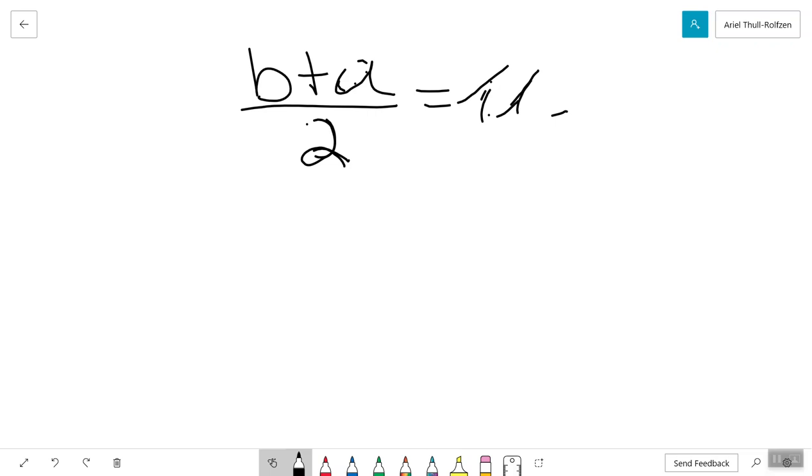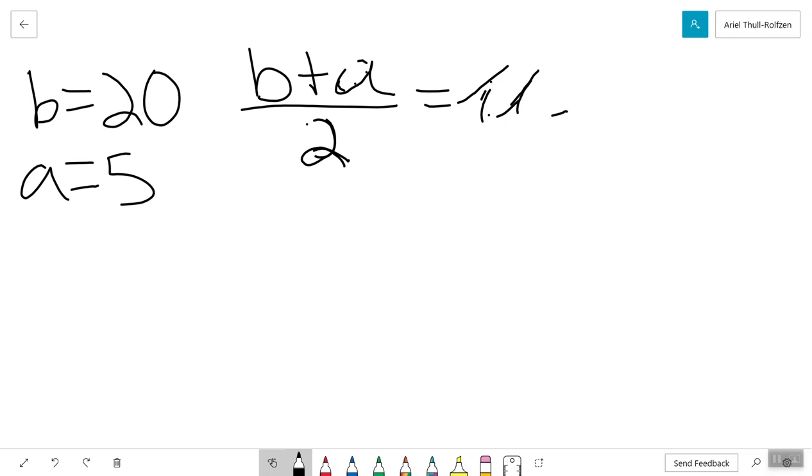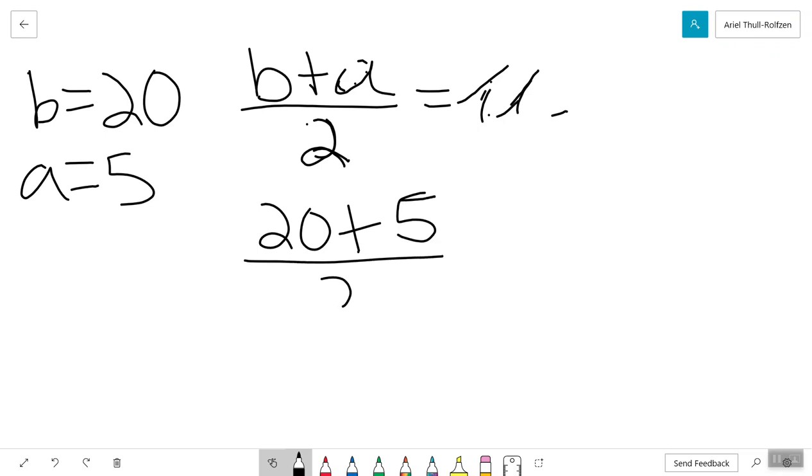And in our first problem that we did, part A, we found our B to be 20 minutes late, or the latest time. And our A, we found to be 5 minutes late, the earliest time that the probability is the same for the train arriving. So let's just plug those in. Let's say, okay, 20 for B plus 5 for A divided by 2. And what does that give us? It gives us 12.5 minutes.